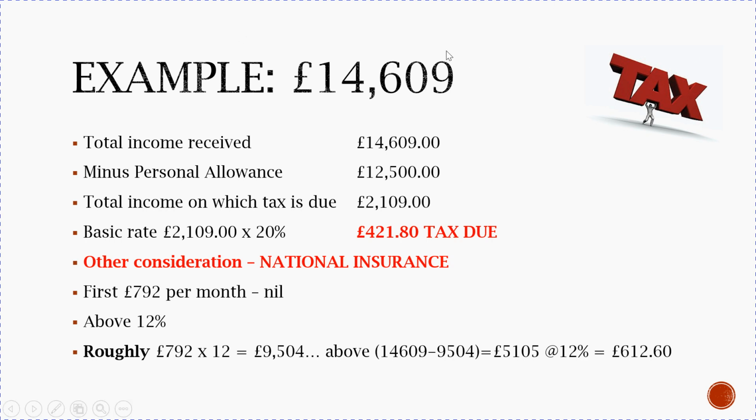And if you earned this over a period of, let's say, 12 months, divide this by 12, you'd be paying about £50 national insurance per month. And if you divide the tax by 12, roughly about £30, maybe about £35 of tax.